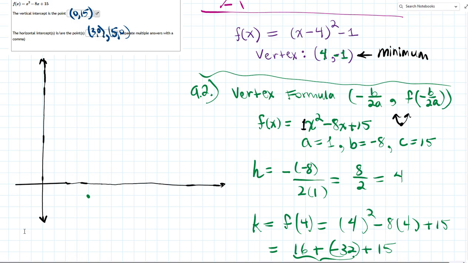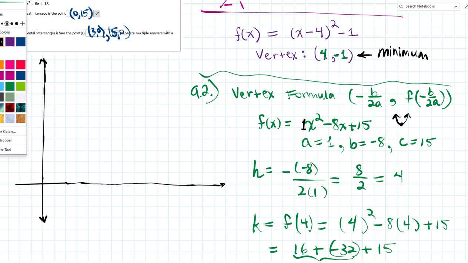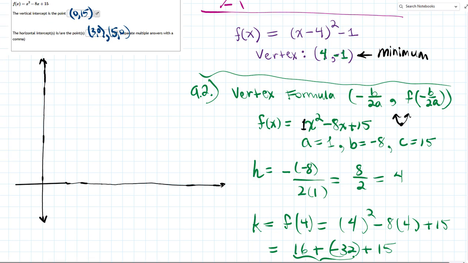I didn't even think about how high up that y-intercept point was. So what I'm going to do is half steps on this, just so I have plenty of room. So I'm going to call this 1, 2, 3, 4. So this will be 4 for my vertex, and this will be -1 here.